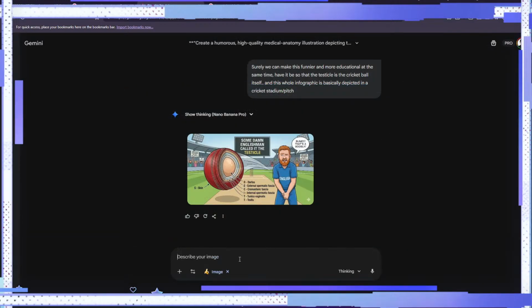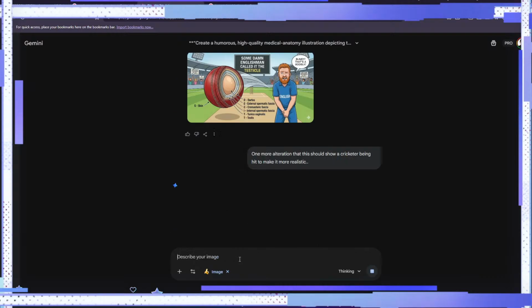Yeah, one more alteration: this should show a cricketer being fit, to make it more realistic.